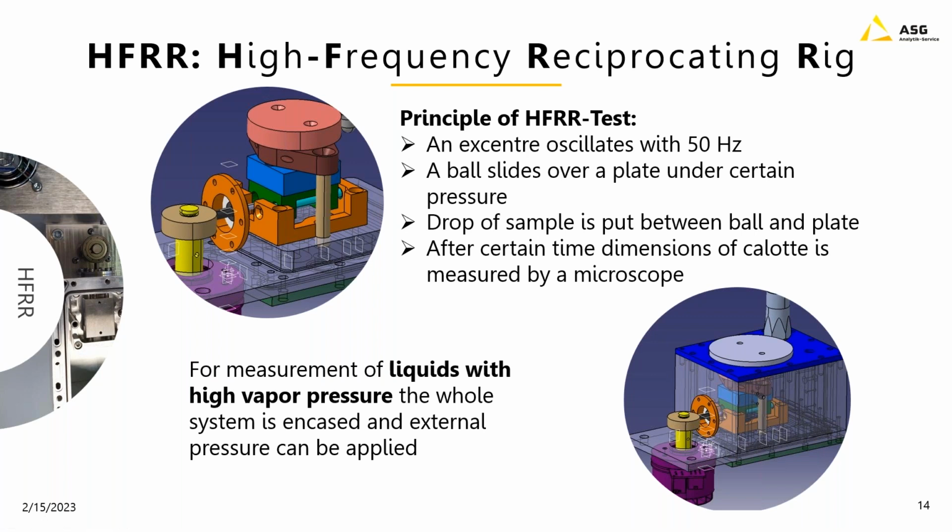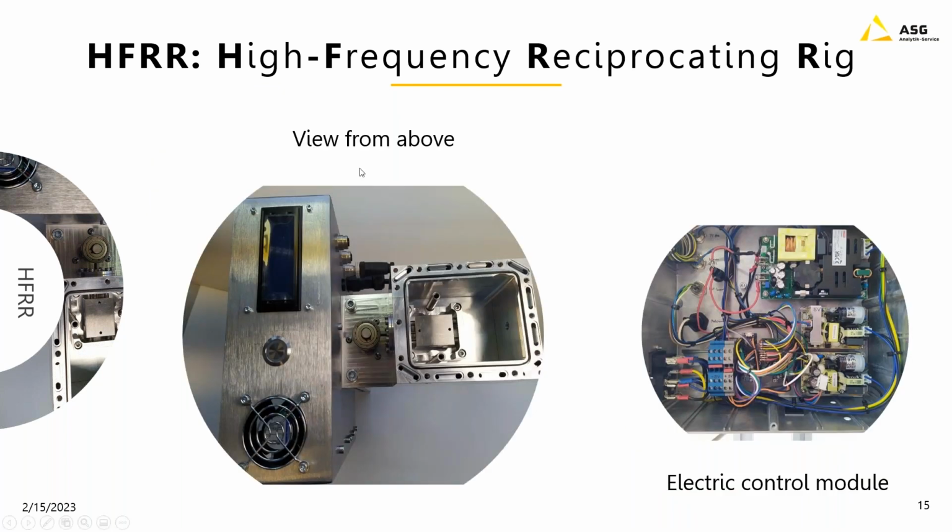And these are the schemes, but we can also have a view from above. This is the center which I showed you, and this is the chamber which can be set under pressure, and here will be located the ball and plate which does the measurement. And of course we have an electric control module for this device as well.